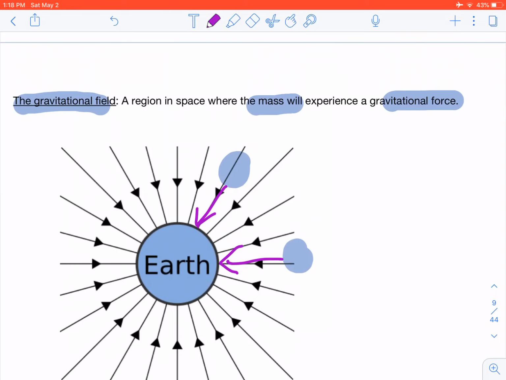That means the magnetic substance, or the charged particle, or the mass, are not in direct contact with the entity. They are far away, and yet they are attracted to that particular entity. So that is why we call them forces acting at a distance.